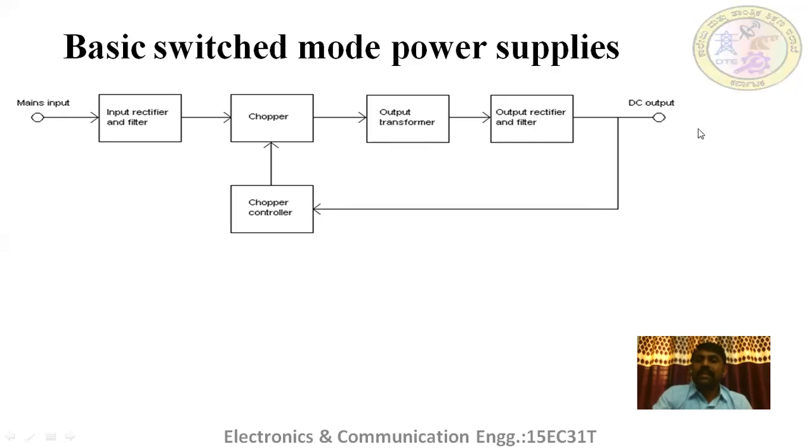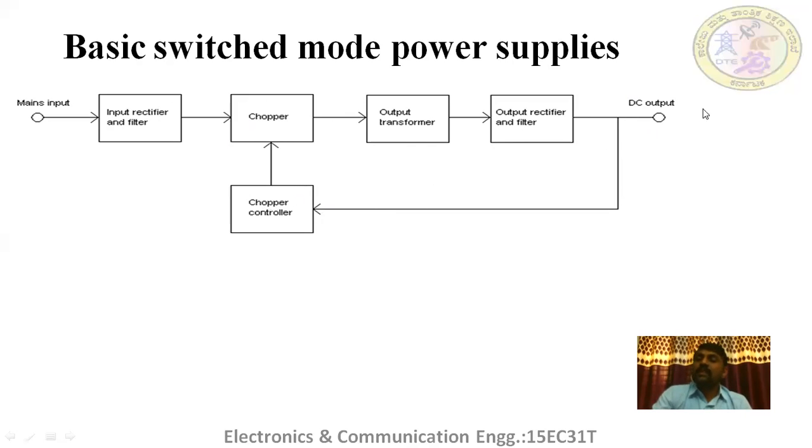I said this provides a regulated or desired output voltage. How is it possible? This is possible by this feedback. Feedback means it takes some part of the output and feeds it back to some control section.